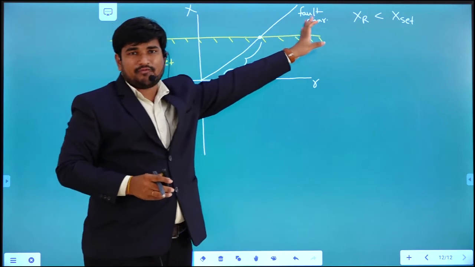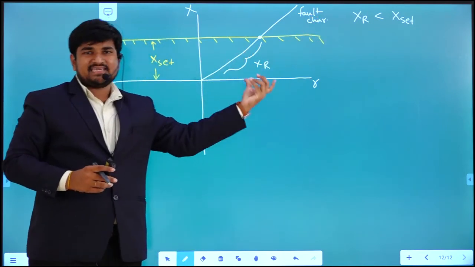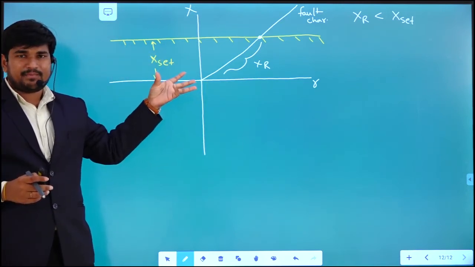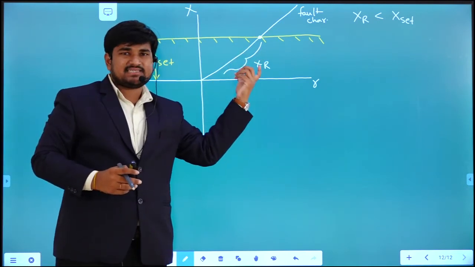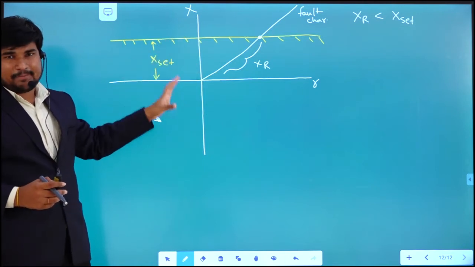Above this value it will not provide any trip signal. That means this is the reach of the reactance relay. In the previous case we saw the reach of the impedance type, and in this class let us observe the reach of the reactance type relay. So this is the characteristics of the reactance type relay.